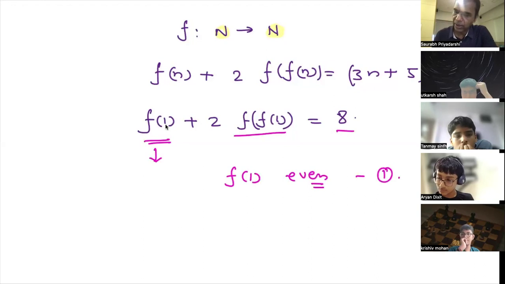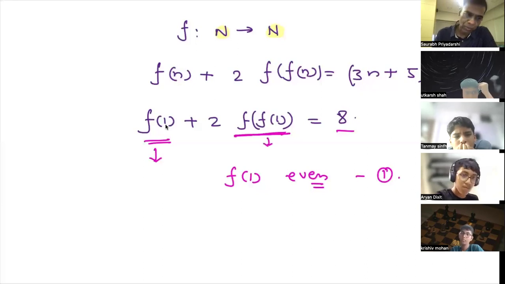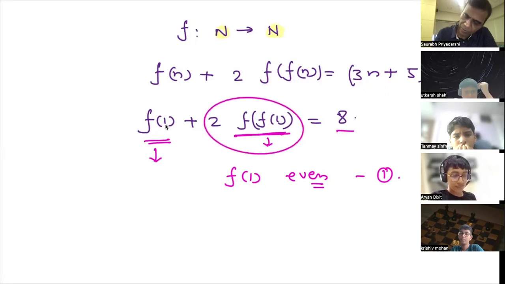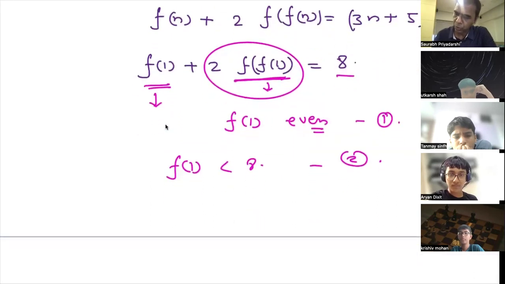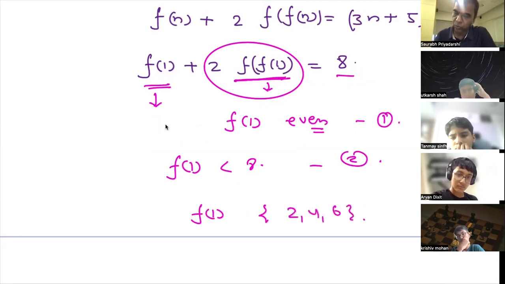And the second observation is the minimum value of f(f(1)) is 1, so this value is minimum 2, so f(1) must be less than 8. From these two, 100% I can say f(1) is even and must be less than 8. So the values will be either 2, 4, or 6.